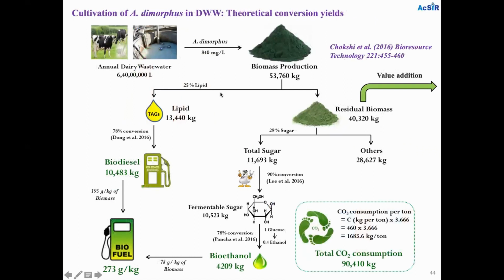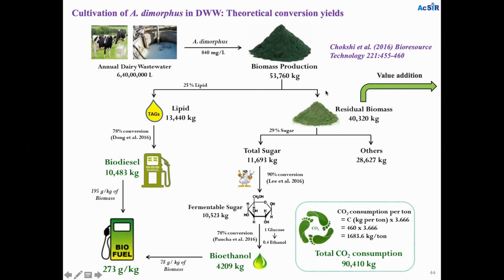So we represented our theoretical conversion yields. The annual dairy wastewater which would be generated by this industry is around 64 million liters. And if we consider the total yield of 840 milligram per liter, we could generate around 53 tons of biomass from this one dairy industry.